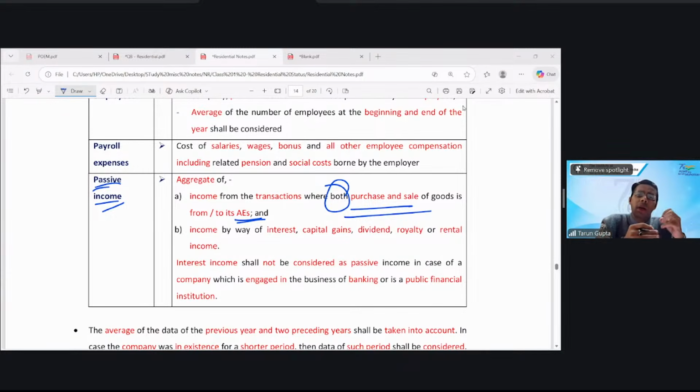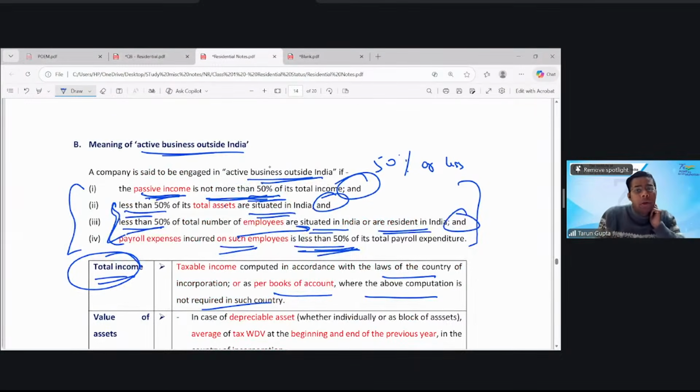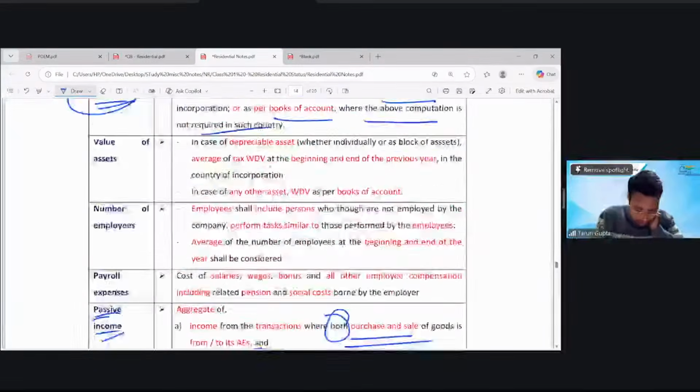Therefore, there's no requirement that passive income should be in India. They only say the passive income should not be more than 50%. For the other three conditions, it says in India, the payroll spend on such employees.